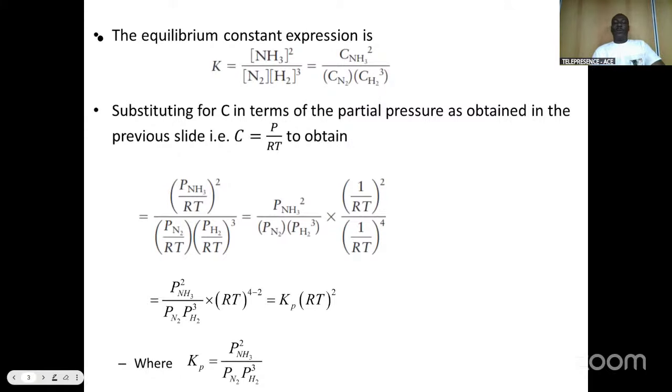If we write the equilibrium constant in terms of concentration, as I've written here, taking the stoichiometry of the reaction into consideration, the equilibrium constant will be equal to the square of the concentration of ammonia, which is the product, divided by the product of the concentration of nitrogen and the concentration of hydrogen raised to the power of 3.